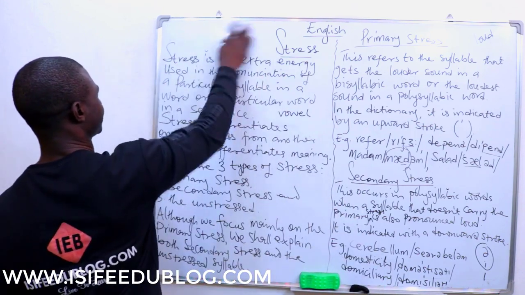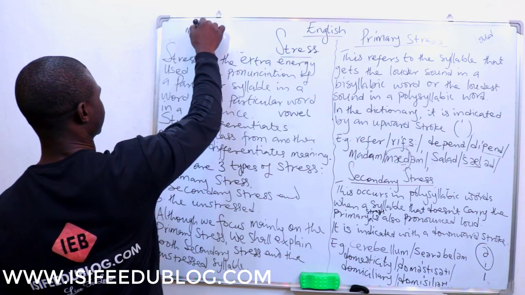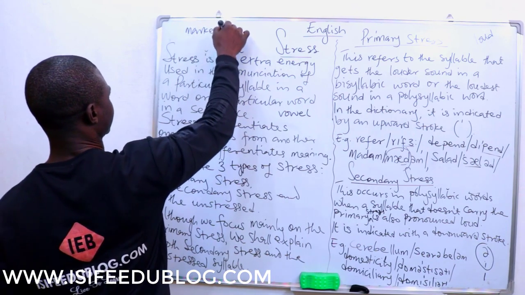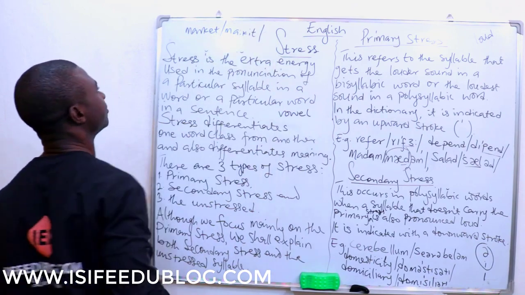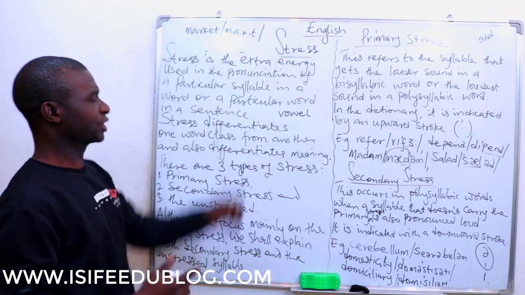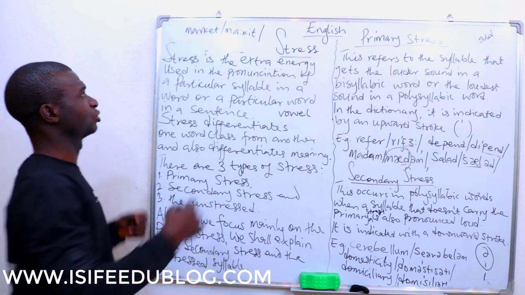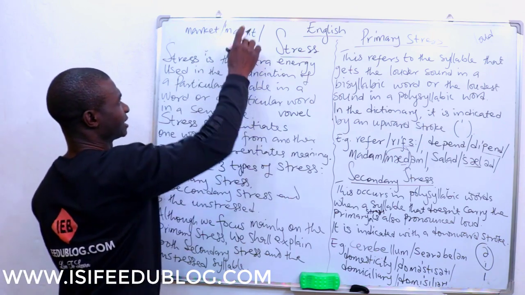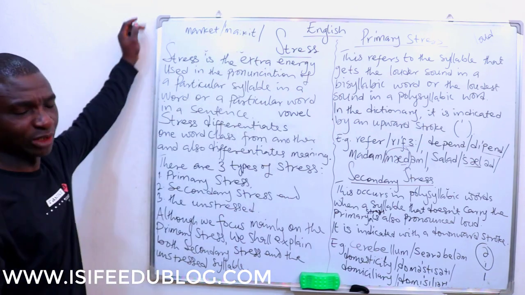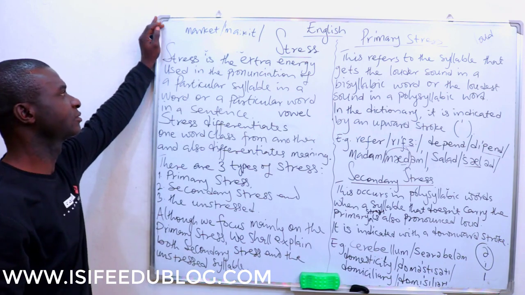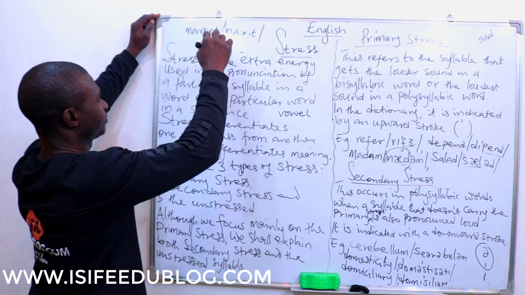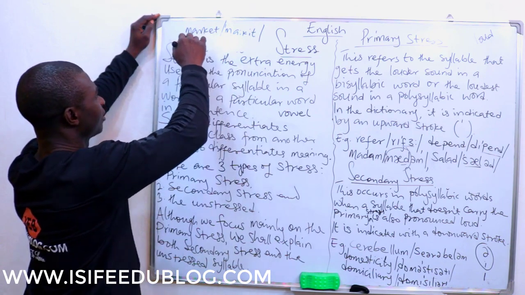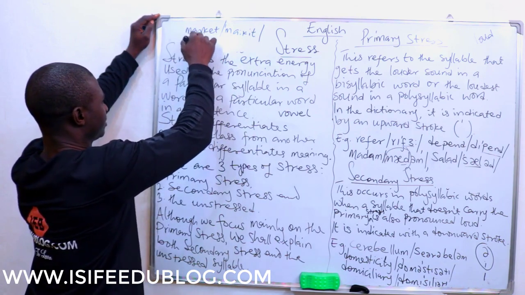Here is market. Market. The weak E is used to say that the second syllable is not stressed. Here is mother.